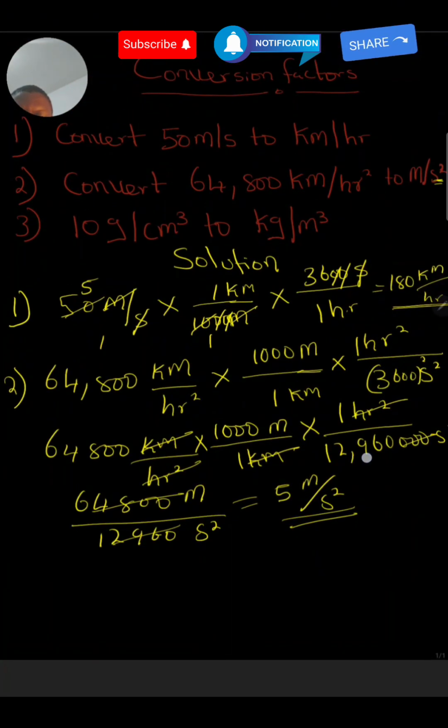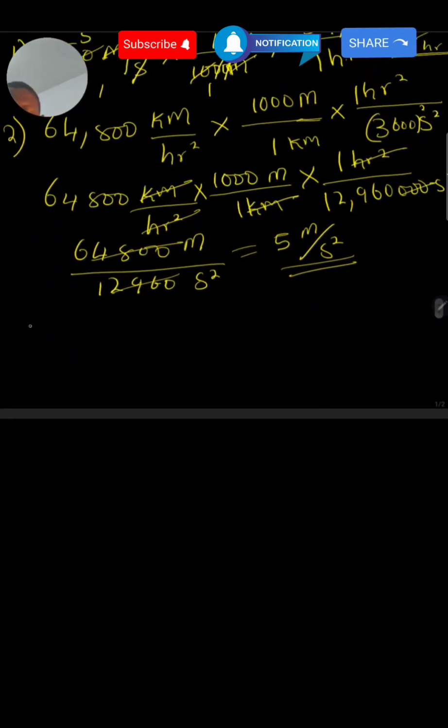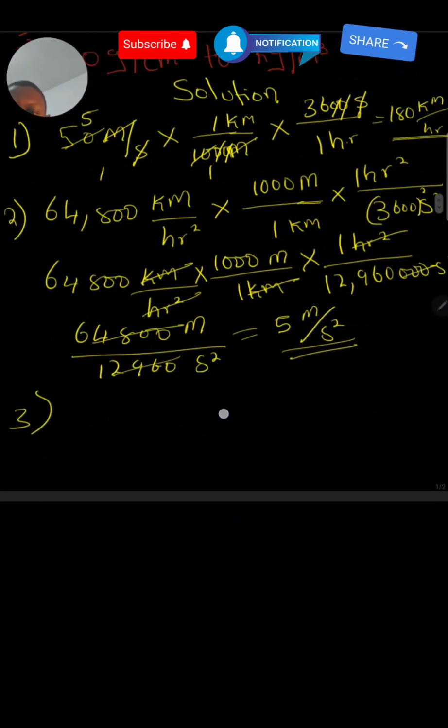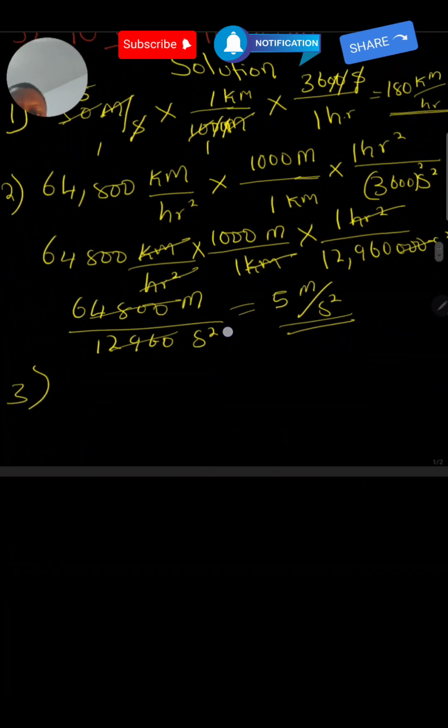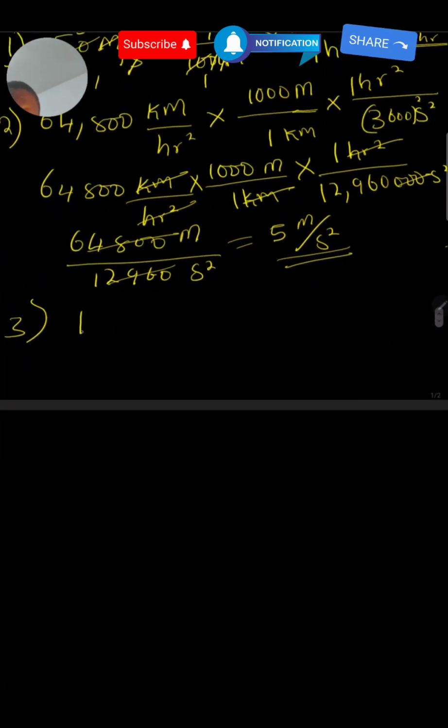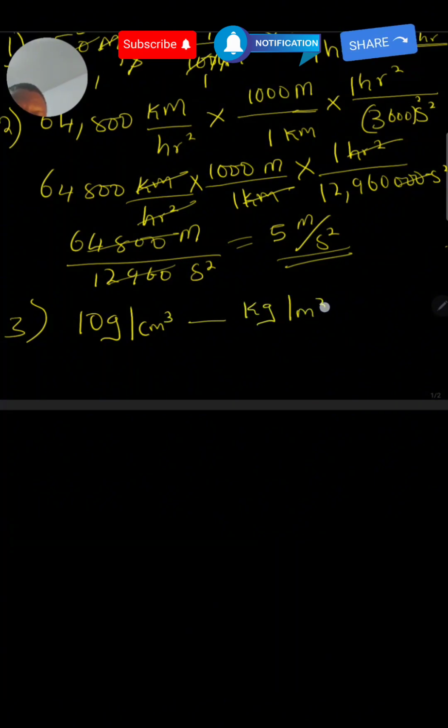We move ahead to the third one, number 3. The number 3 question says 10 gram per cm cube to kilogram per meter cube.